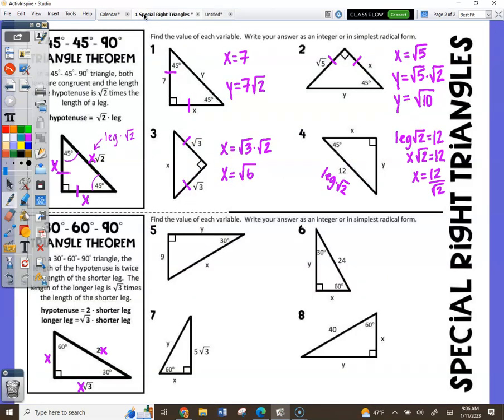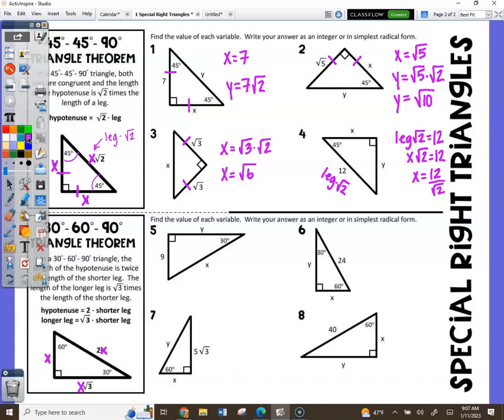So let's look at the formulas. 30, 60, 90. We've got one side that's plain x. We've got the hypotenuse that says 2 times x. And then we've got the long side that says x times root 3. So you have 3 different formulas here.